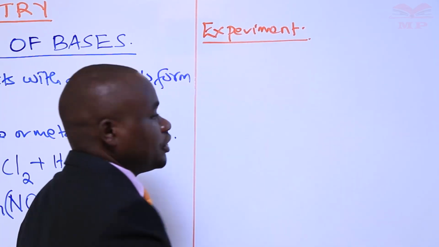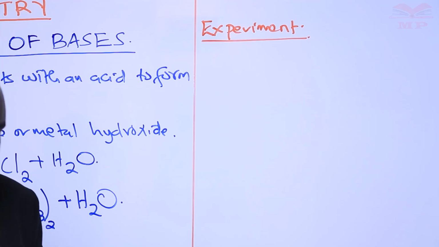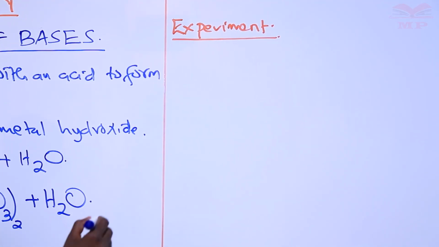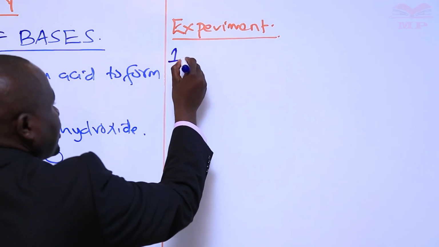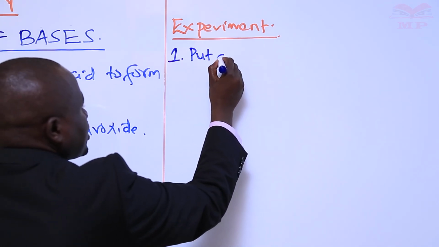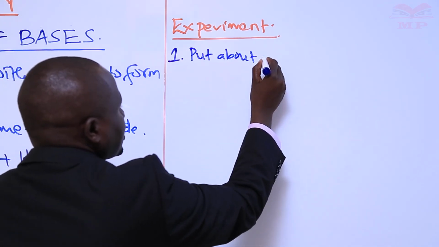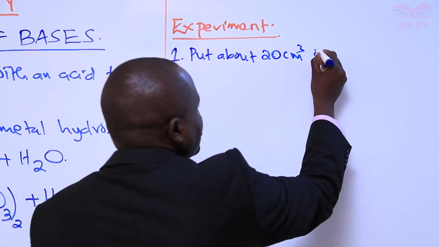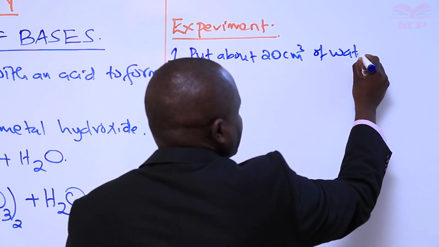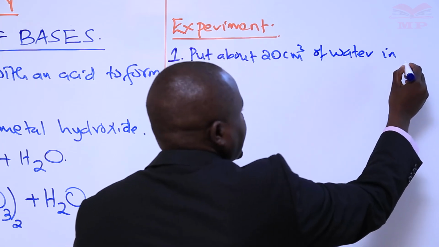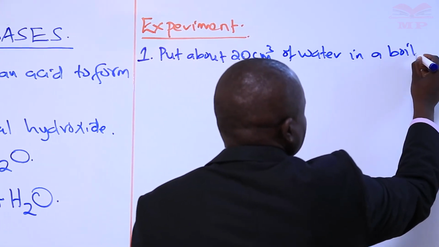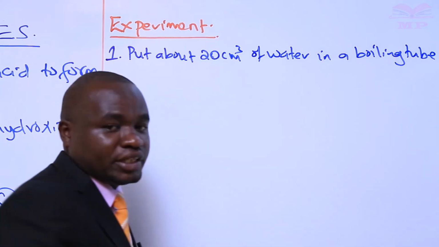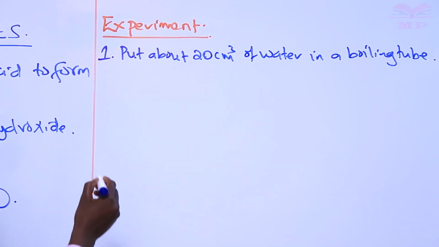I will give you a brief procedure. Our first procedure is you put about 20 centimeters cubed of water in a boiling tube. You can measure that using a measuring cylinder.